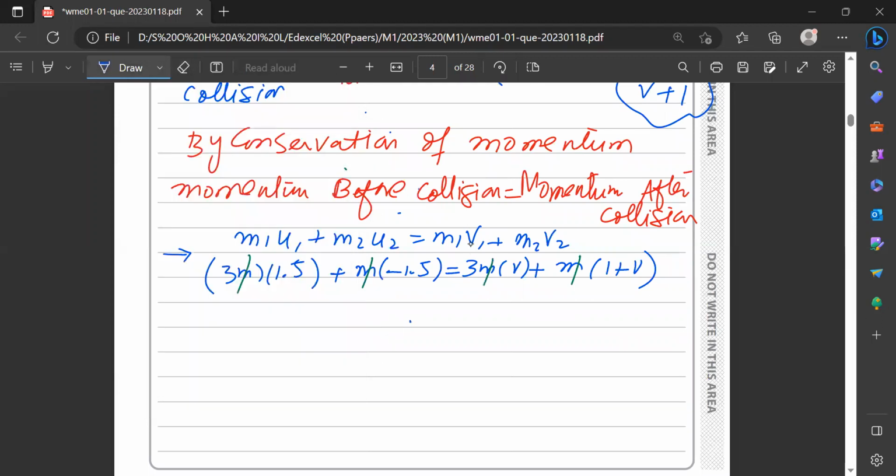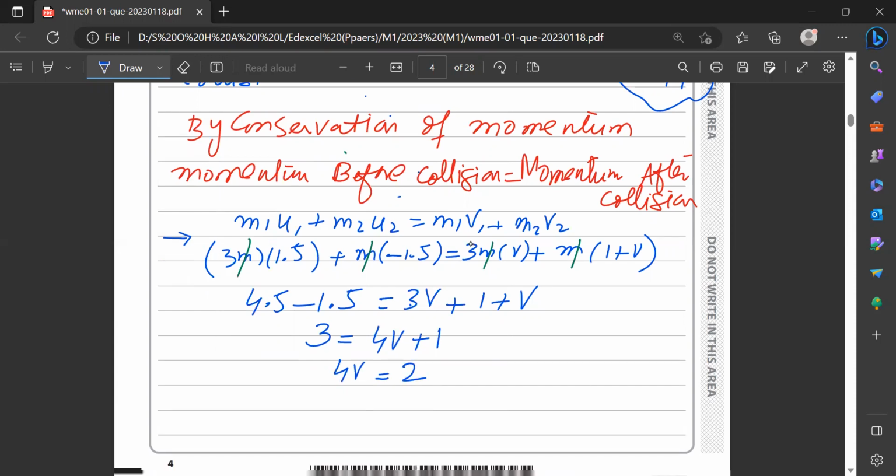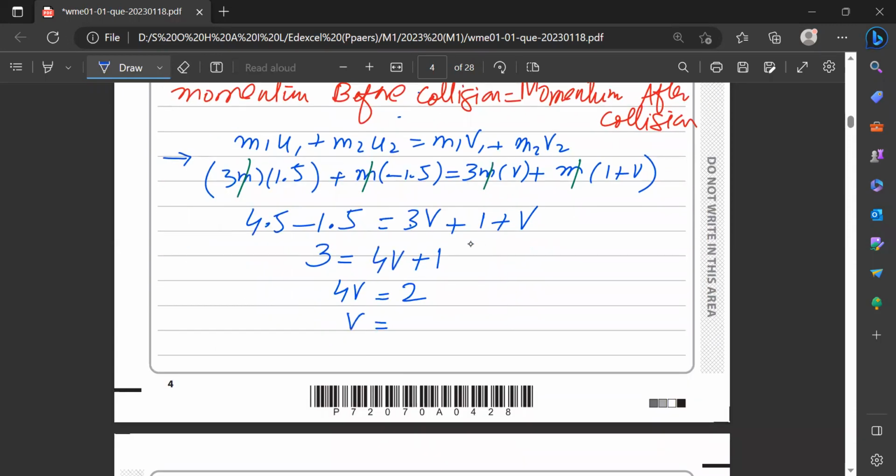We are left with, because 4.5 minus 1.5, 3 is equal to 3v plus 1 plus v, 4v plus 1, 4v is equal to 2, and v equals 1 over 2.